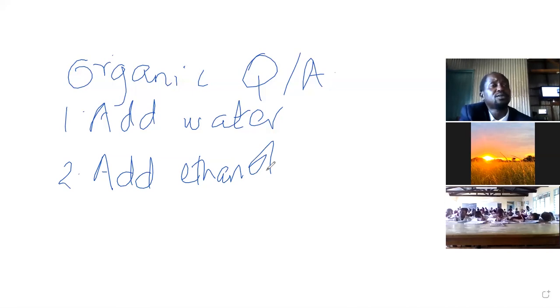That is to say, you can observe that the solid dissolves to form a colorless solution, or liquid is miscible to form a homogeneous or uniform mixture, or one layer.